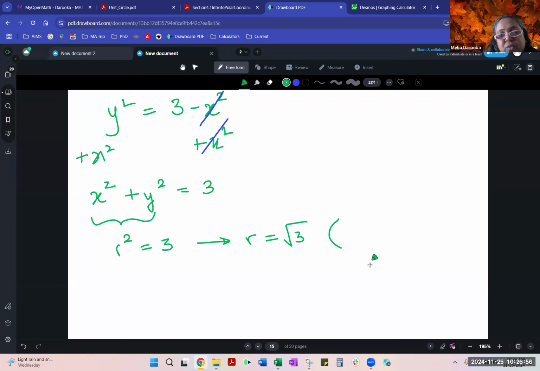So technically, when you do a square root, you get one positive and one negative root. But in this case, and we had actually seen an example like this before, you are discarding the negative answer. So that's why we're only keeping the square root of 3, the positive square root, and not worrying about the negative one. Phoenix, does that kind of make sense of why we didn't go with the cosine and sine functions and went this route? I think this would be a lot easier than going with the x and y values.